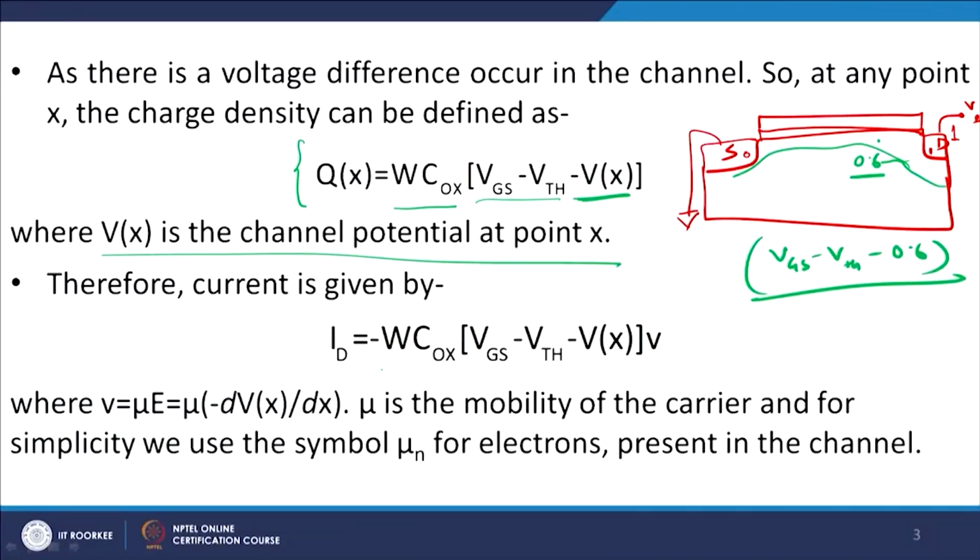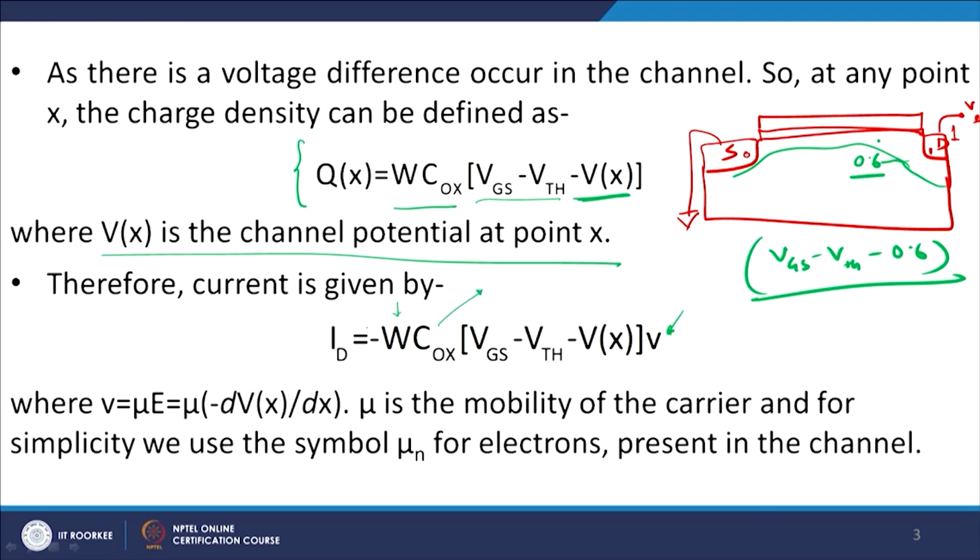So subtract that to get the charge, and therefore the current is given by minus W into C oxide into V, where the minus is because it is an electron, so the charge will be opposite in nature to the flow of electrons. C oxide is the oxide capacitance per unit area of the device.